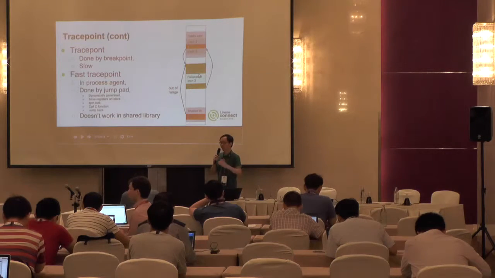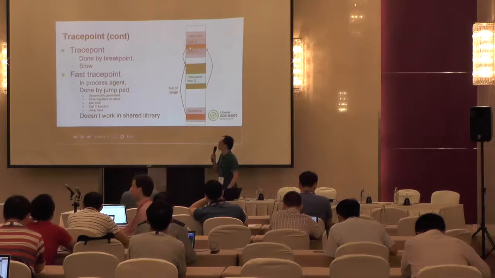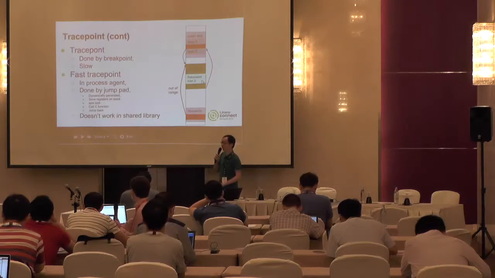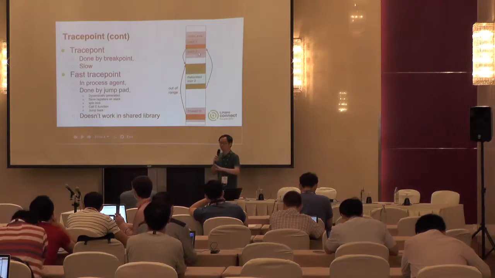After that, we go back. Before going back, the original instruction is not executed yet, so like displaced stepping, we execute this instruction here and jump back. So there is no interrupt during the whole process.